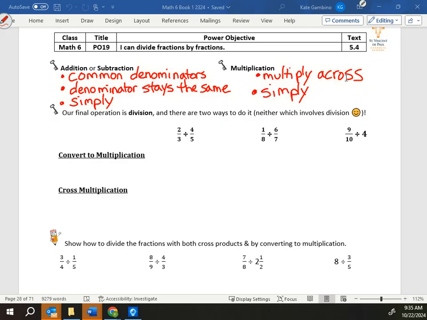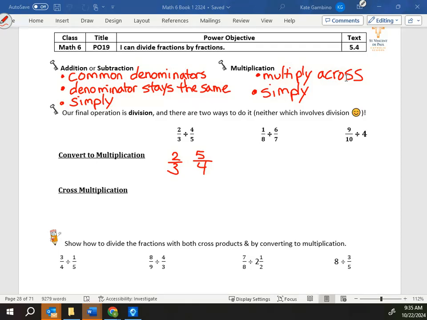Does anyone remember from last year? Bennett? Do not touch the first one, but convert the second one. So do not touch the first one, it stays the same. What does it mean when you convert the second one, Bennett? We flip it to its reciprocal.